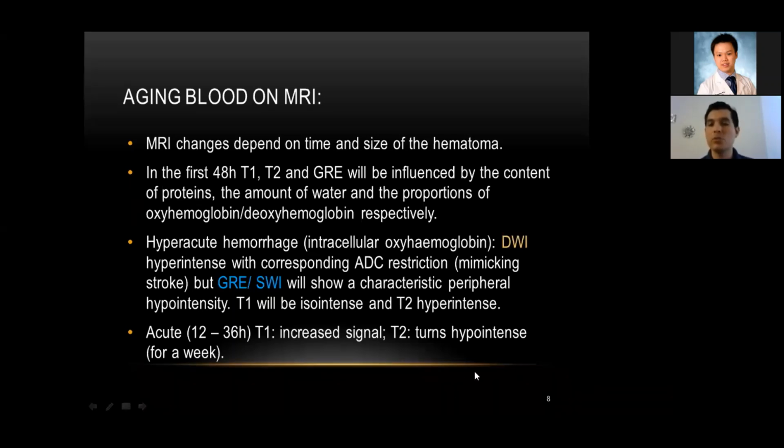And T2 will be hyperintense at the beginning because of the content of water or plasma in the blood in a fresh hematoma, and then it will change in the second day, and it turns hypointense, and it remains for a week approximately.